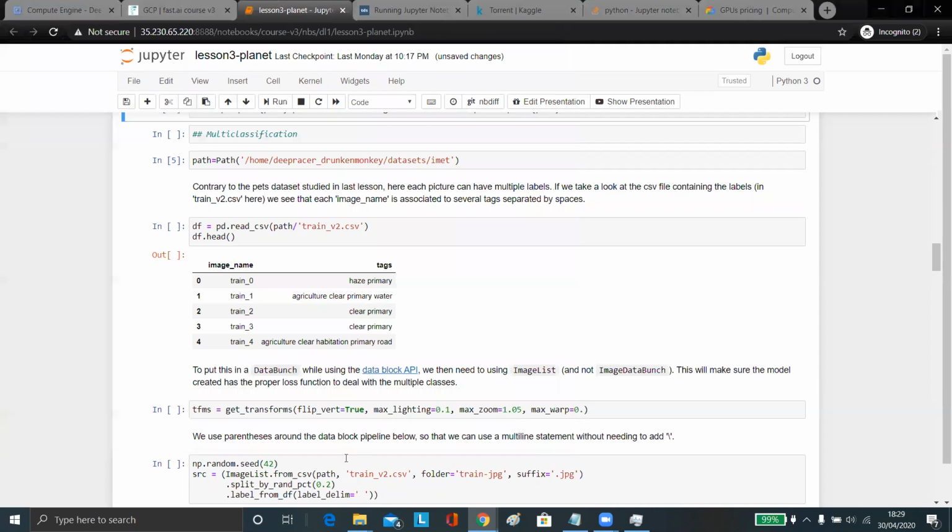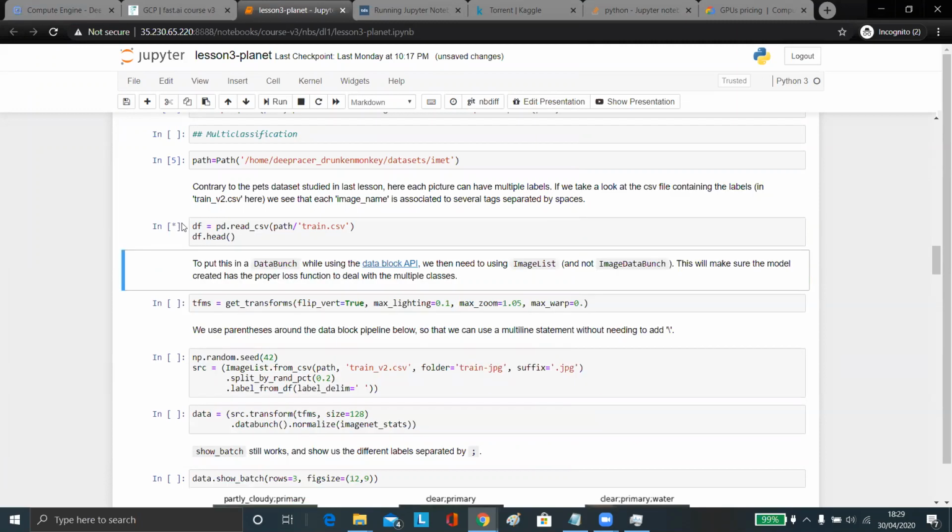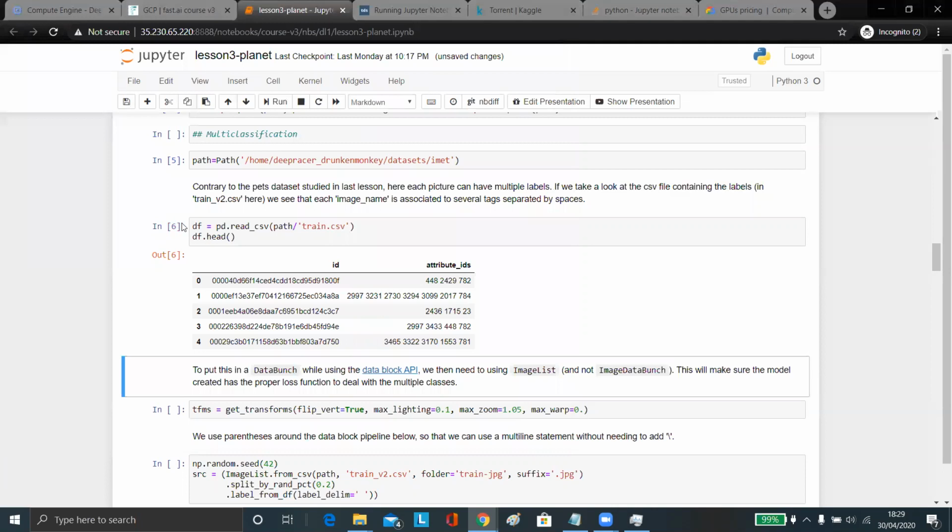So if we take train.csv, hopefully this will work. Oh, there we go. So we've got our attribute IDs. These attribute IDs are the numerical representations of things like pottery, ancient Greek, that sort of thing.